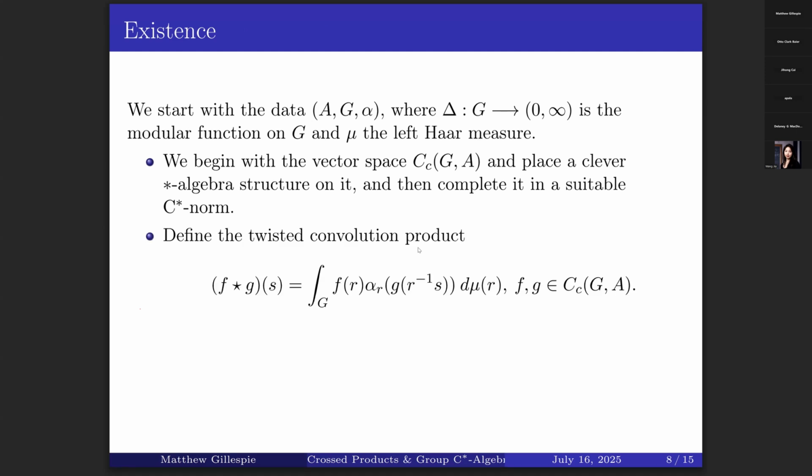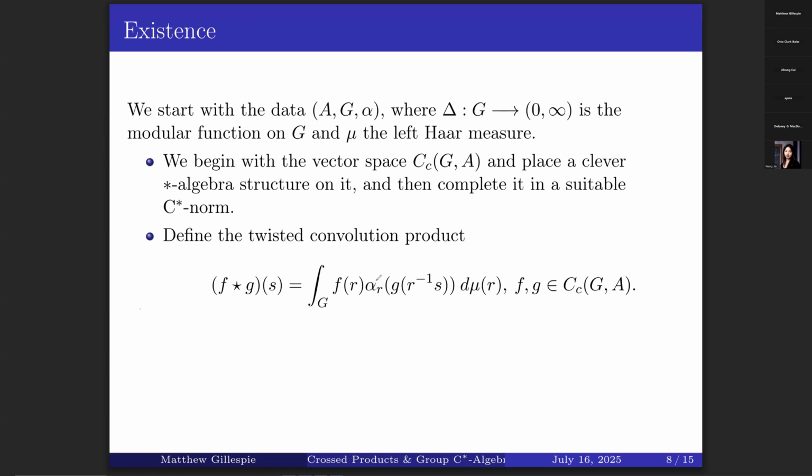So first of all, for two continuous compactly supported functions, f and g, we're going to define a new product. The multiplication of f and g evaluated at s is this convolution. It's a twisted convolution because we're twisting it by the action alpha. If the action was trivial, this would literally just be convolution of functions, right?